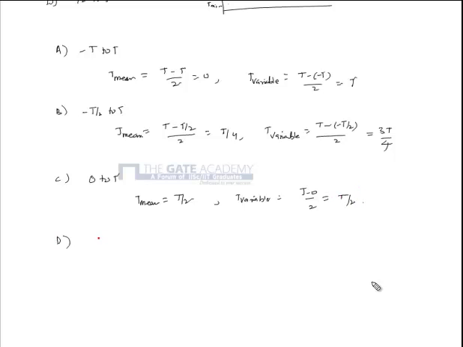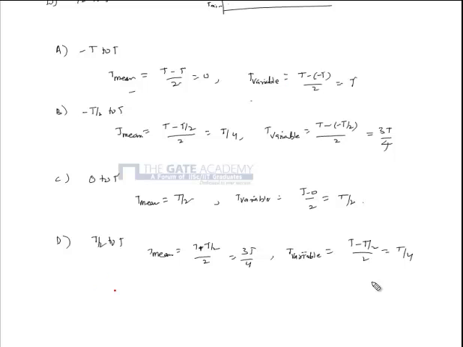D will be T by 2 to T, so T mean for this case comes out to be T plus T by 2 by 2, so it will be 3T by 4, and T variable will be T minus T by 2 by 2, it will be T by 4. Okay, so I have the mean and the variable in all.